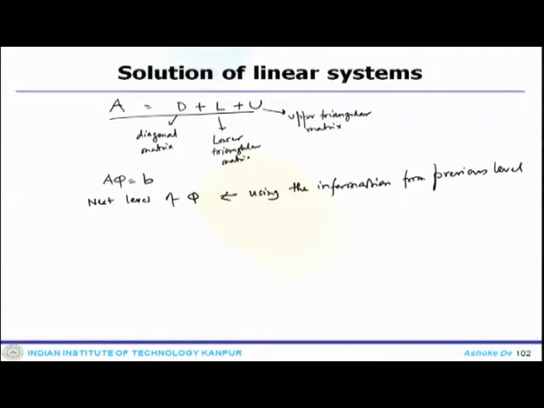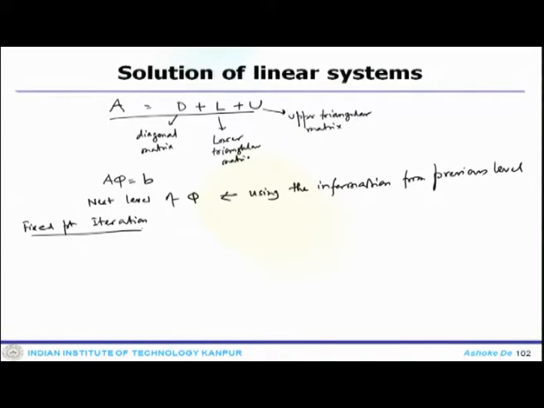It could be a physical iteration, it could be spatial, and that is what one can use.